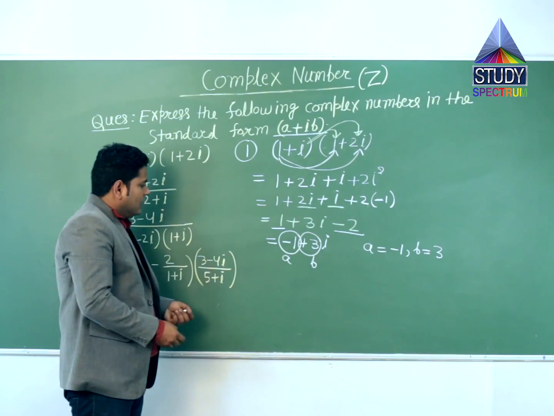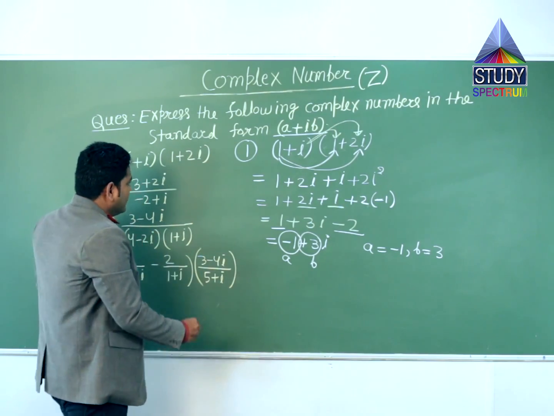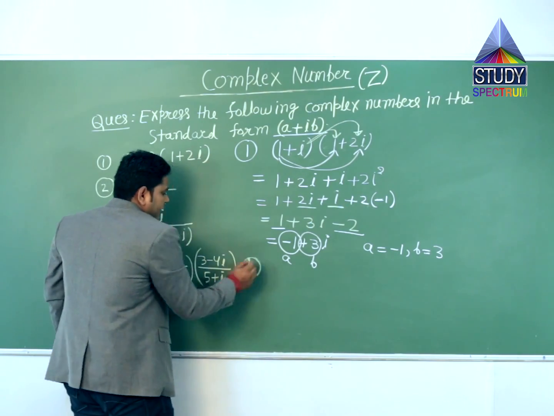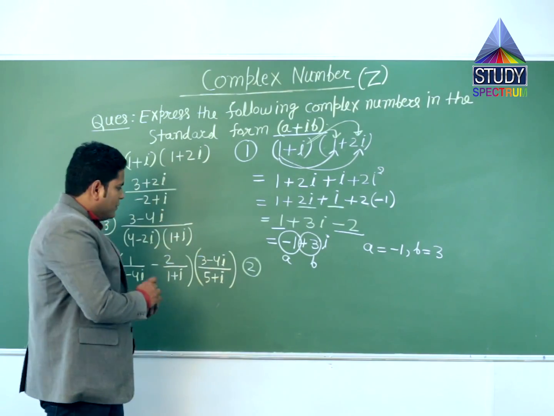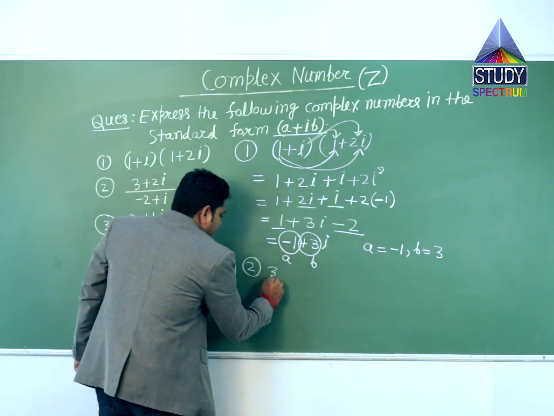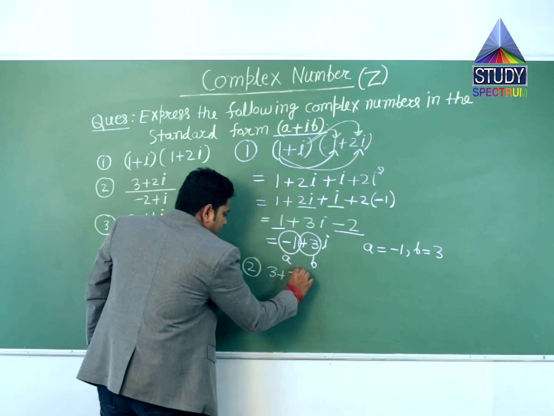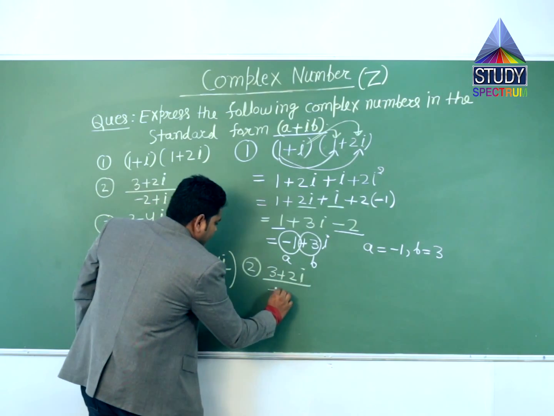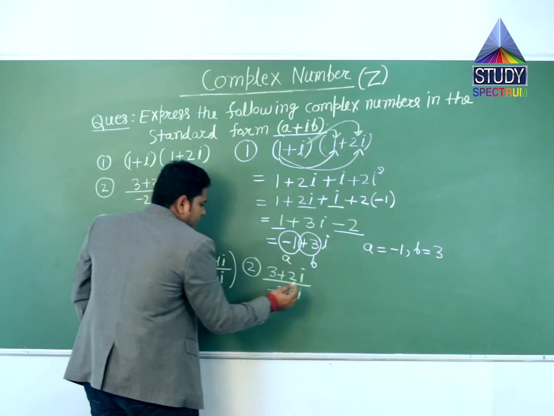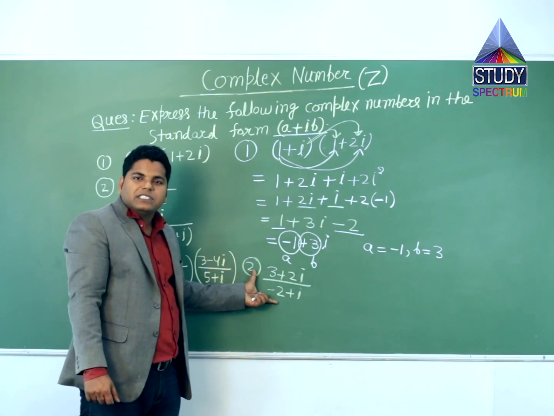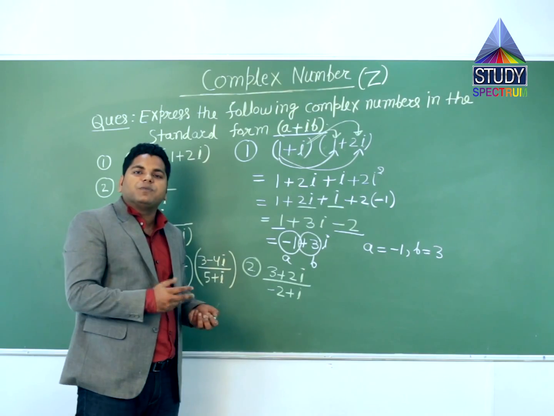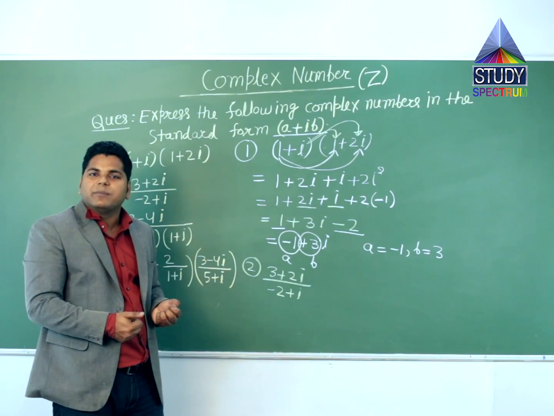Now let's move to question number 2, in which we are given two complex numbers in the form of division. So right here, 3 plus 2i divided by minus 2 plus i, and we have to convert this complex number, which is in the form of division, into the standard form of a complex number a + ib.